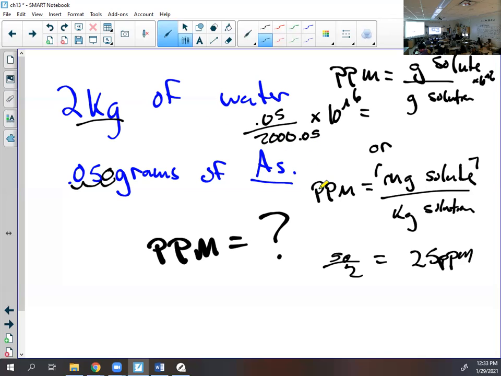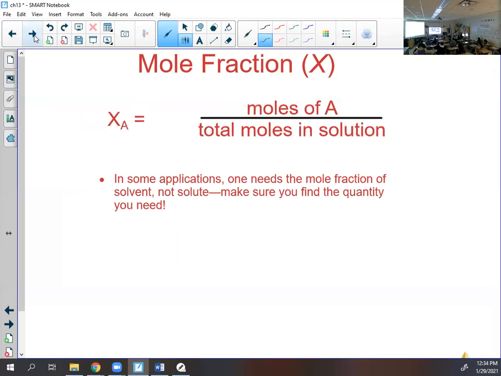You can just find parts per million and add 3 zeros to the answer, because a billion has 3 more zeros. Yeah, the answer could be 25,000 parts per billion. So you just add 3 zeros to the answer of parts per million. All right, that's enough of that.